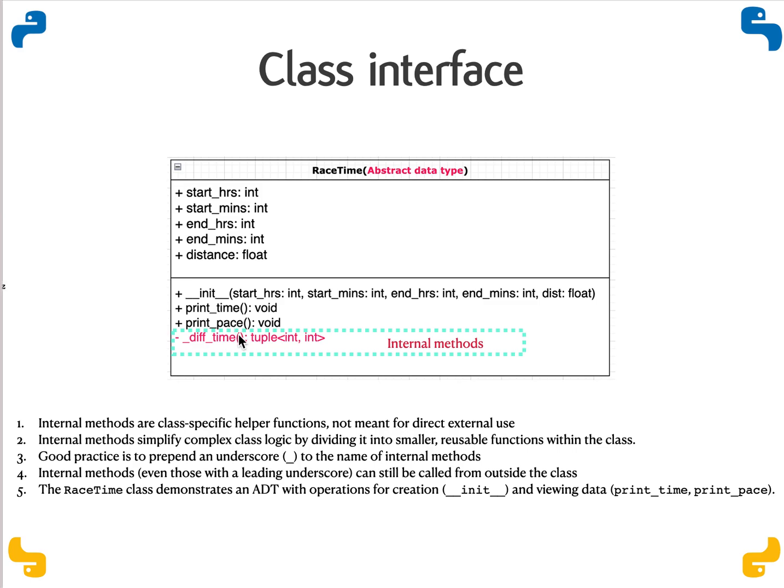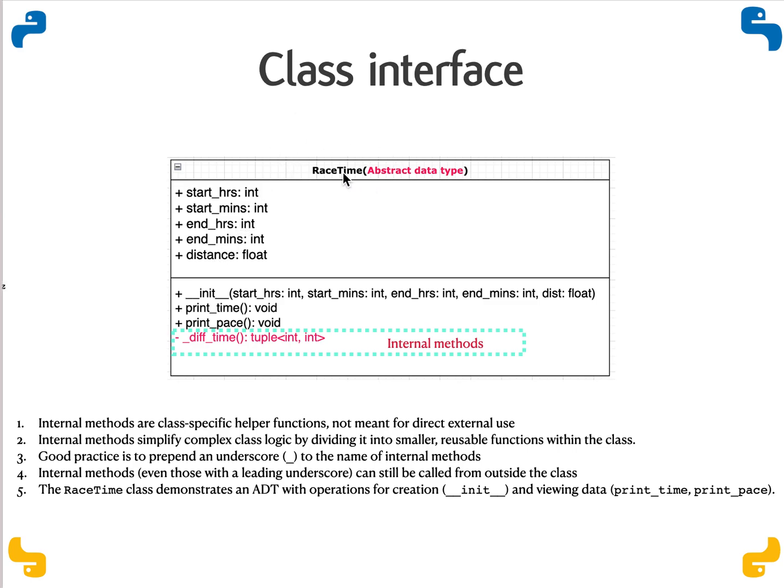It also contains an internal method named div time. Internal methods here are helper functions specific to the class. A good practice is to start their names with an underscore. In Python, this internal method can still be called from outside the class.